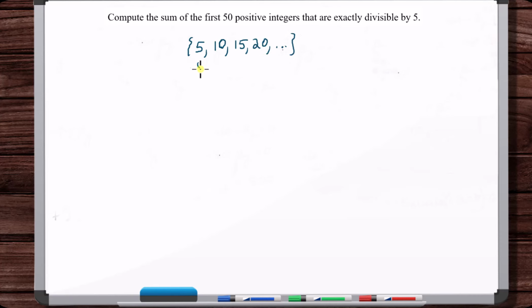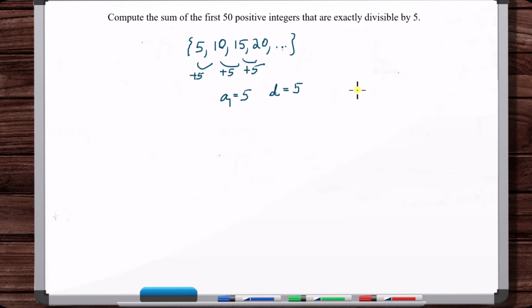So we're adding 5 each time. This is an arithmetic sequence with d equal to positive 5. Okay, a1 is equal to 5.